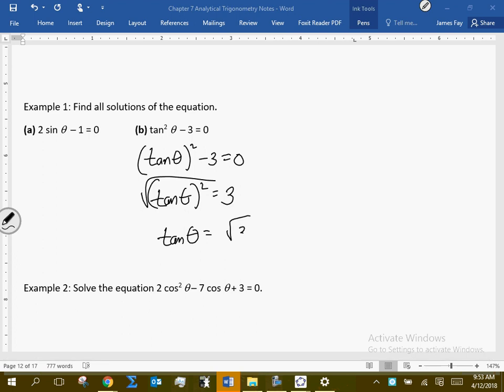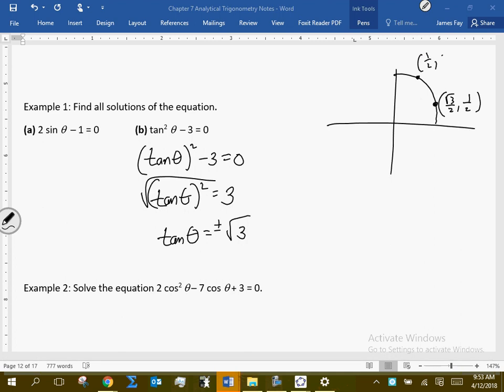But when you square root 3, what do you get? You get plus or minus, okay? So here we have to have both solutions. Now, you guys might not be 100% sure on where radical 3 shows up in your unit circle. This is radical 3 over 2 comma 1/2, right?